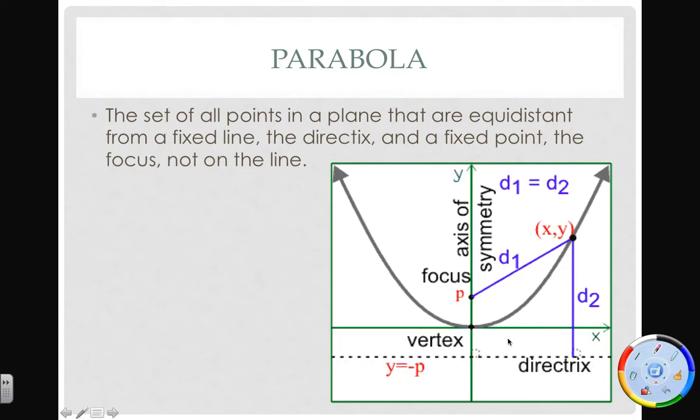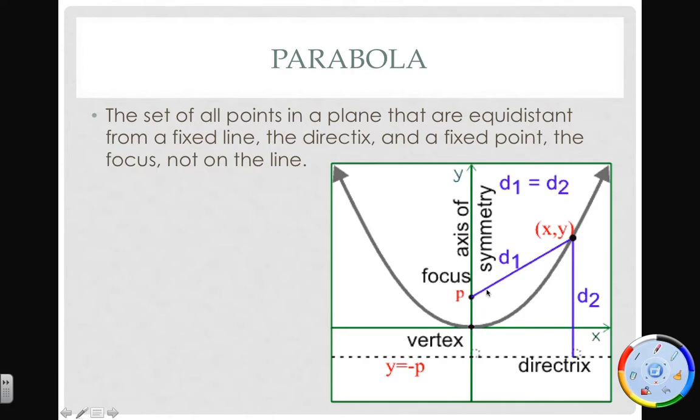It's an invisible line, it's not necessarily there, it's just a guide for the parabola. Okay, so all points are equidistant from the directrix and a fixed point called the focus. So here's the focus, this is the p value, or the value of p.